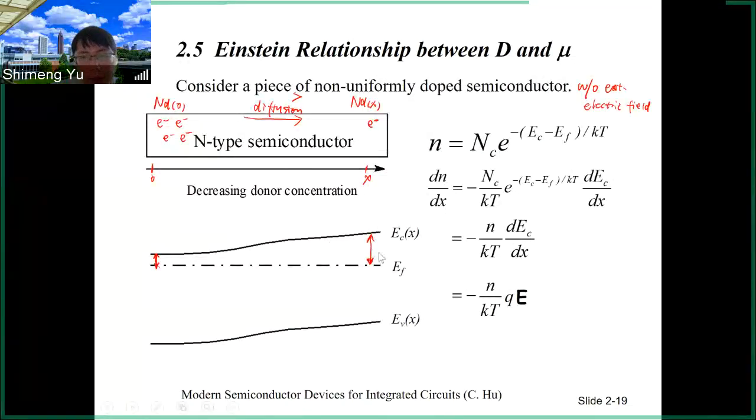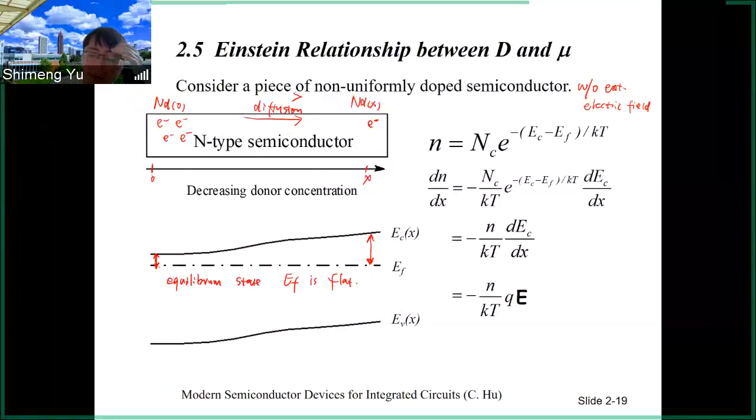And we want to draw, use another truth here that is always true. If the system is without electrical field, we call it in the equilibrium state. In equilibrium state, EF is always flat.